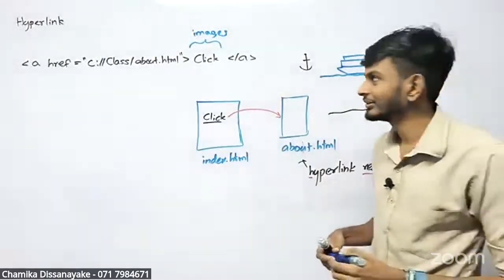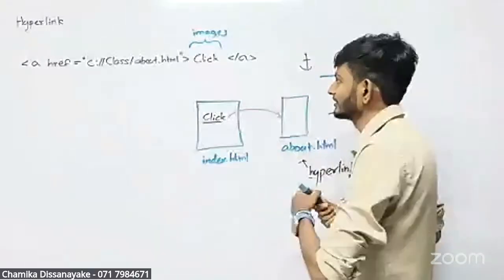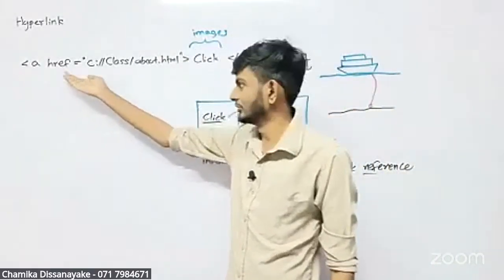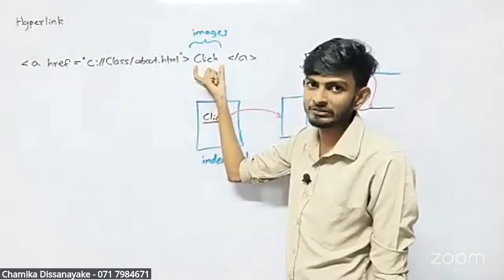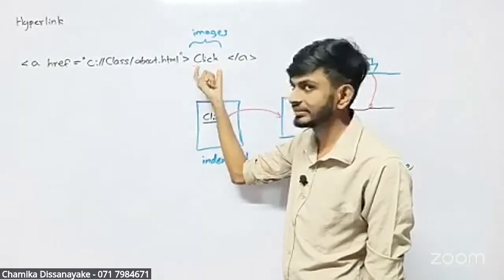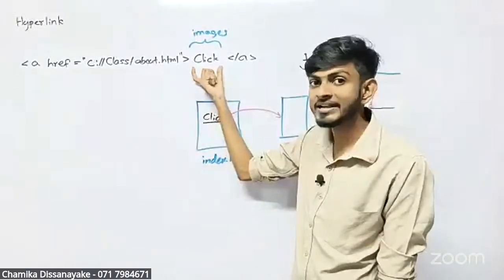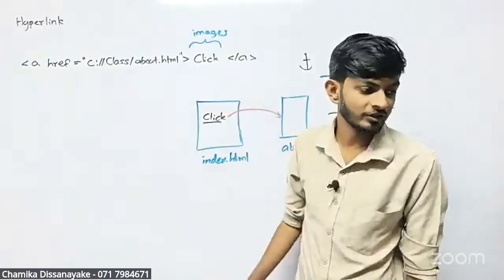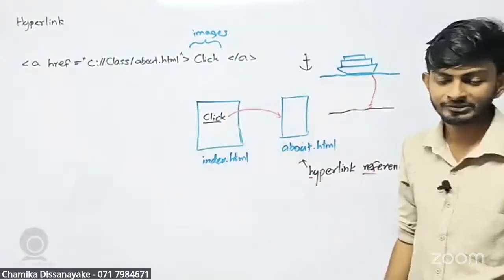We have to use the image tag. In that case, first of all, we have the opening anchor tag. Here I have put a word, but if you want to put an image, here we have to put the image tag. Then lastly we have the closing tag. This is called a hyperlink, right?